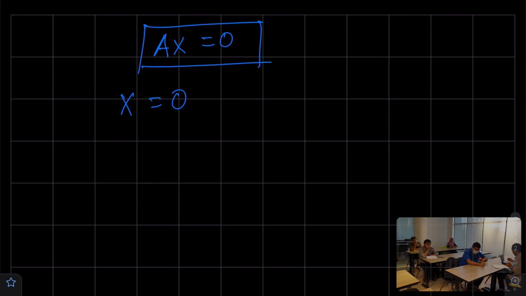So in the last class we saw that the homogeneous linear system Ax equal to 0 has at least this one trivial solution, right?